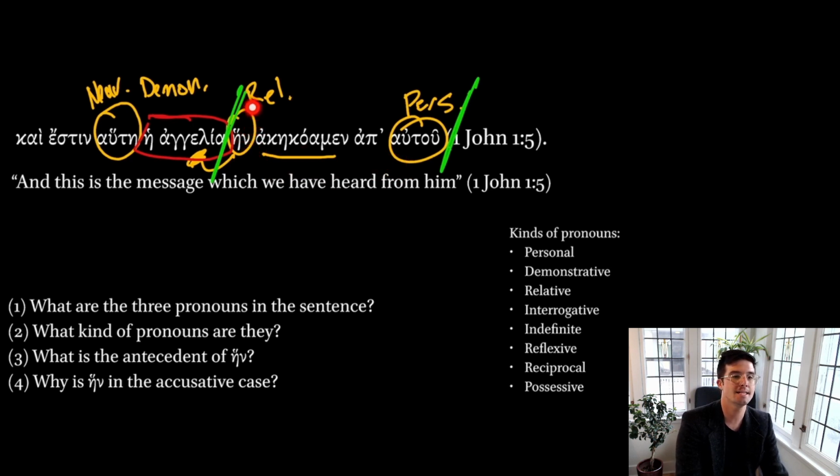So the hen is giving us more information about the message, he angelia. It's referring to it and it's modifying it by giving us more information, saying that we have heard it from him. So again, to put our entire sentence together, and this is the message which we have heard from him, are 3 pronouns here. Haute as the near demonstrative, hen as the relative, and autou as the personal pronoun.